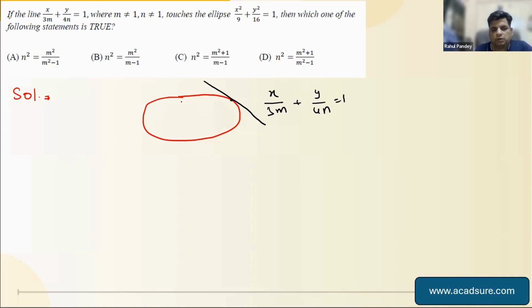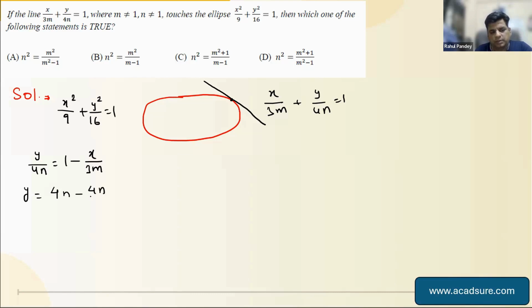So if I solve the equation of the ellipse, which is x square upon 9 plus y square upon 16 is equal to 1, to get the point, let's replace y from the straight line equation into the ellipse. So y upon 4n is equal to 1 minus x upon 3m, or y is equal to 4n minus 4n upon 3m into x.